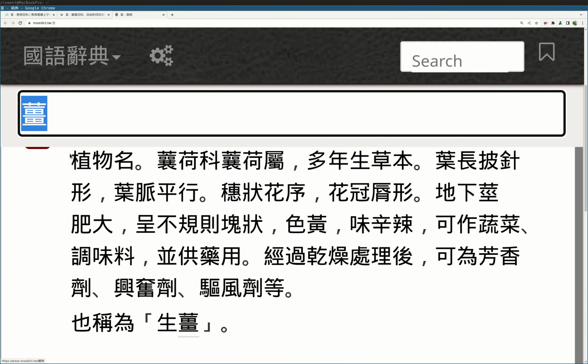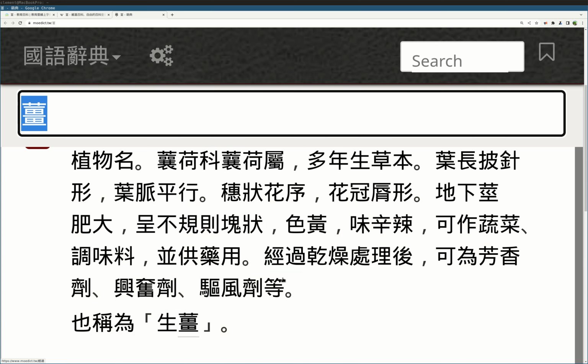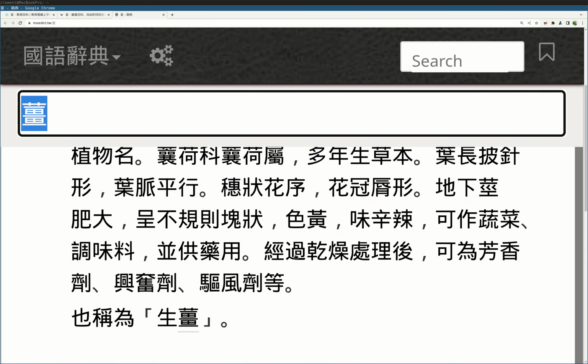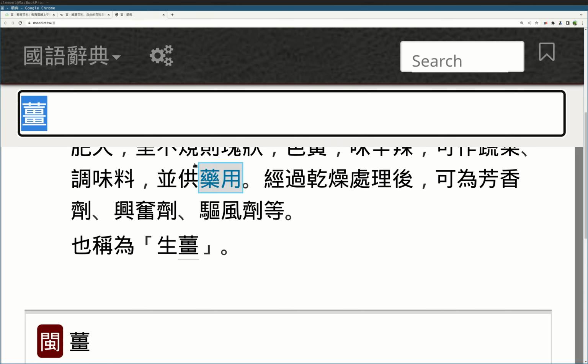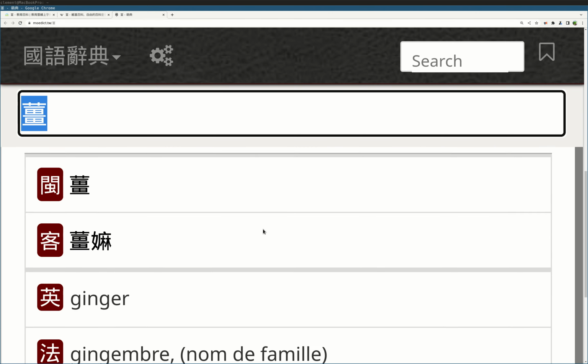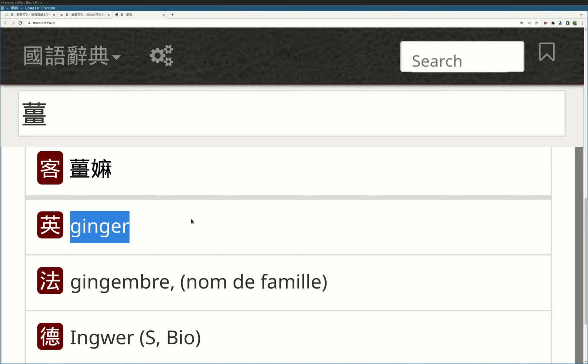Actually this website is nice. You can learn the pronunciation of every word, but it's very complicated, a kind of advanced level of Chinese using this website. So the meaning is Ginger, only ginger.